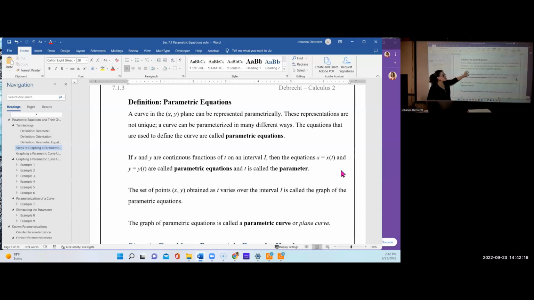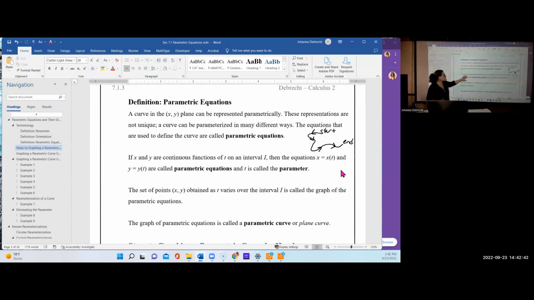The equations that are used to define the curve, that produce that curving pattern that you see coming around over here, where you're starting up here and you're ending here, and the orientation is following this direction right here. Those equations that are used to produce the curve are called parametric equations.